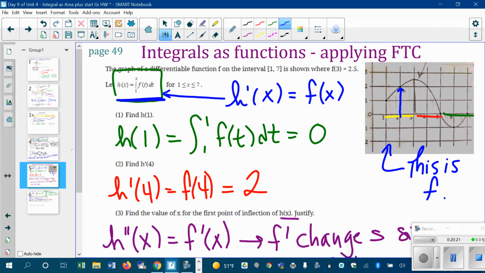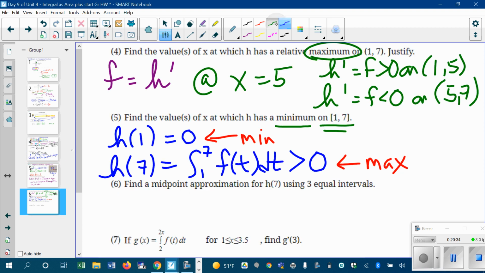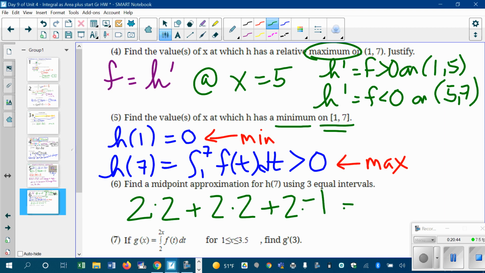So that first rectangle would be 2 by 2. The next rectangle would also be 2 by 2. And then this last rectangle will be 2 by 1, but counted in the negative direction because of going down. So I've got 2 by 2, 2 by 2 again, and 2 by -1 for a total of 6.